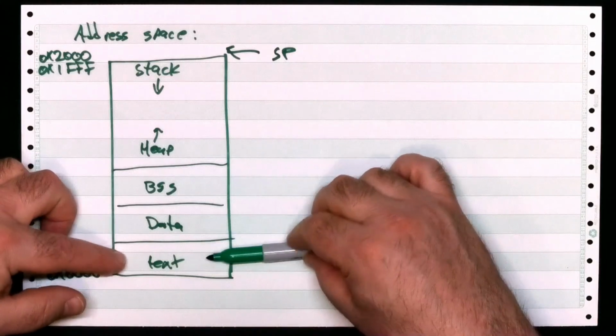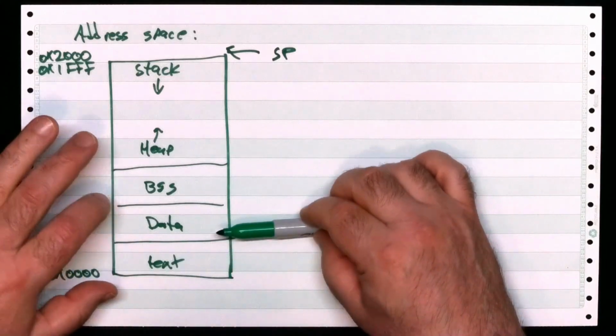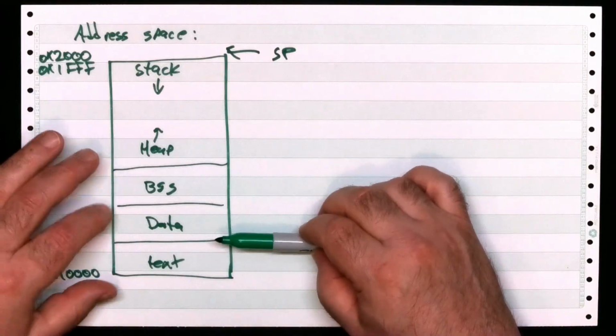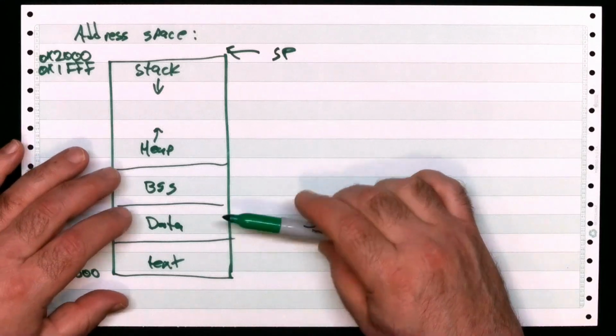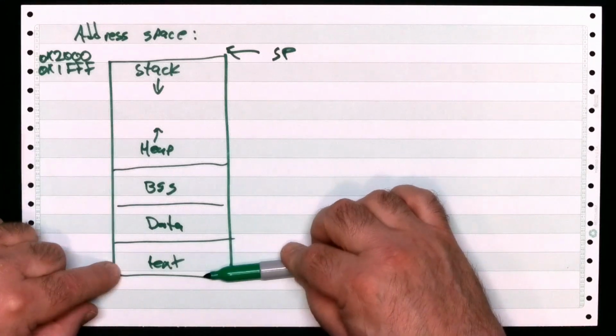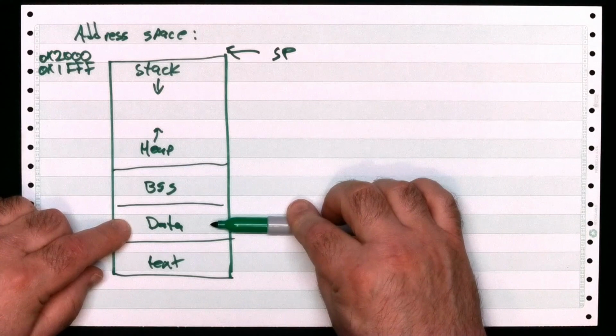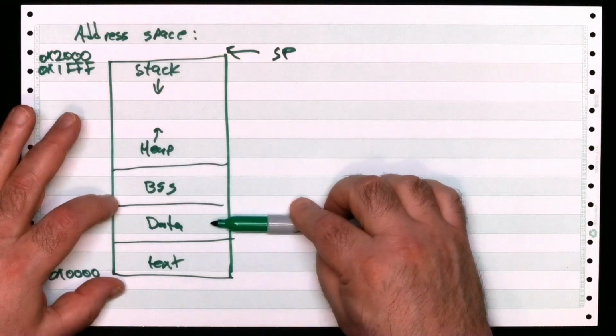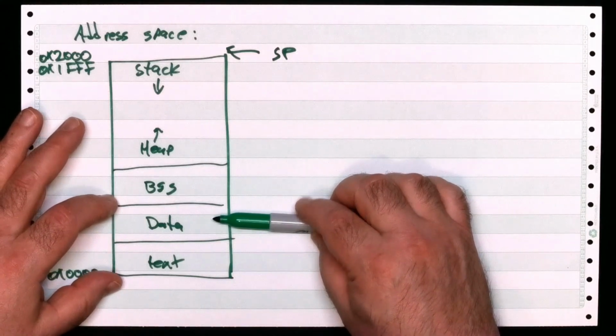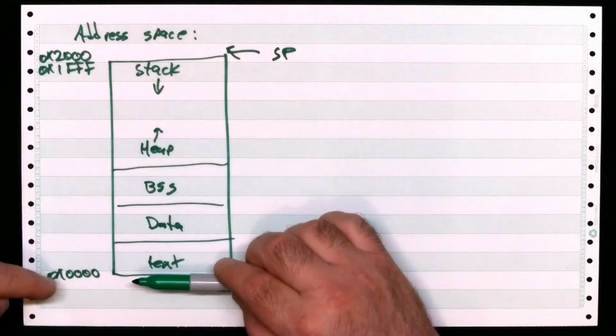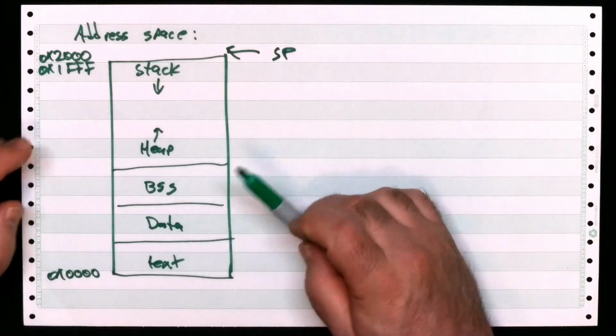The data and the text need to be copied in from or initialized by the output of the compiler so that the instructions and the initialized data variables are all sitting in memory at the proper addresses before the program starts running. So what do we need to do?